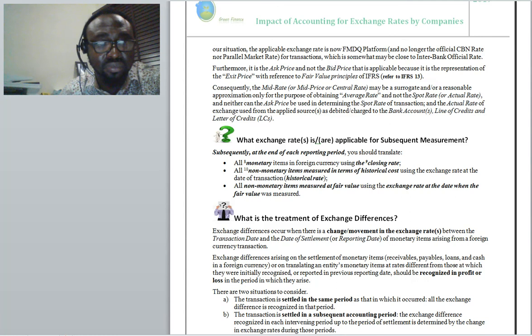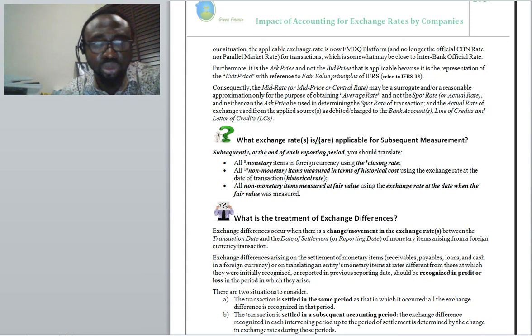Monetary items are items that are held in a fixed determinable unit of currency, or simply put, these are items, be it an asset or a liability, and in extreme case, a component of equity, of which the value remain unchanged regardless of changes in price levels or rising in inflation rates.